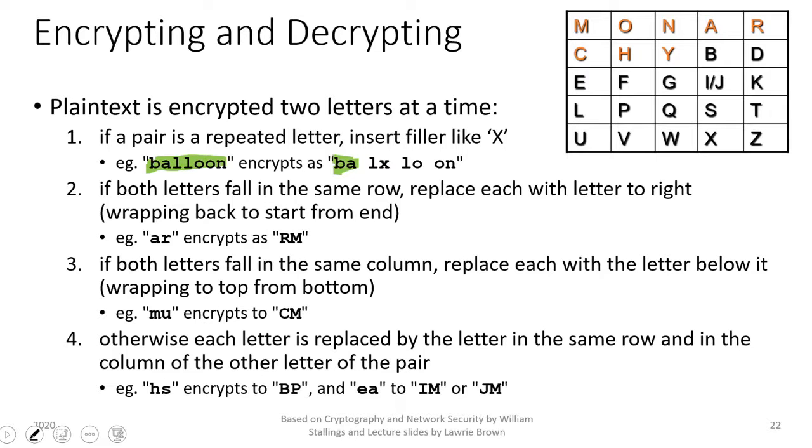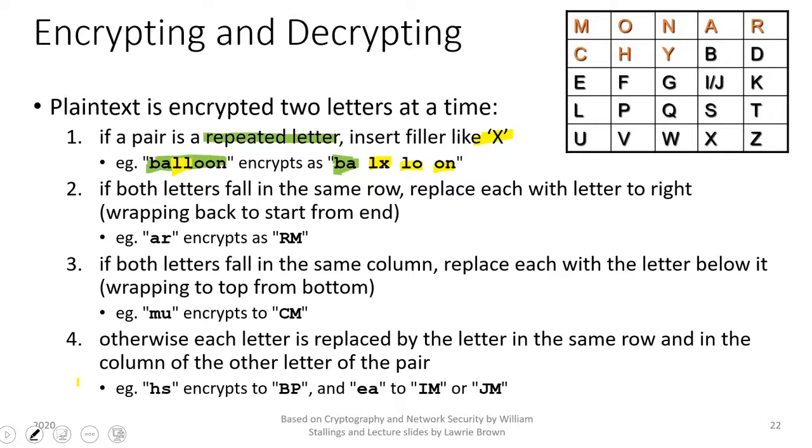But if there are any repeated letters, like in the case of balloon, where L and L are repeated, we take the first one and fill it with an X. Then we continue: BA, LX, LO, ON. So if the two letters in a pair are the same, we replace the second with a filler character like X.